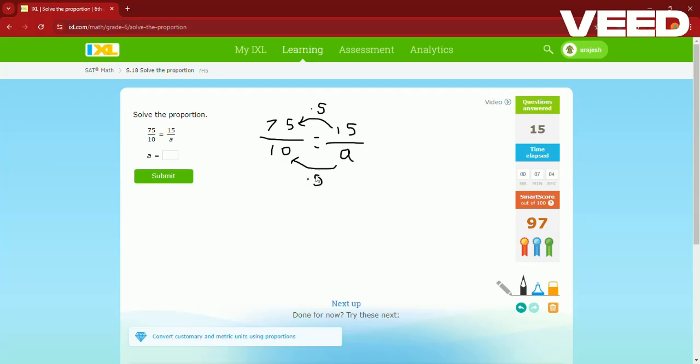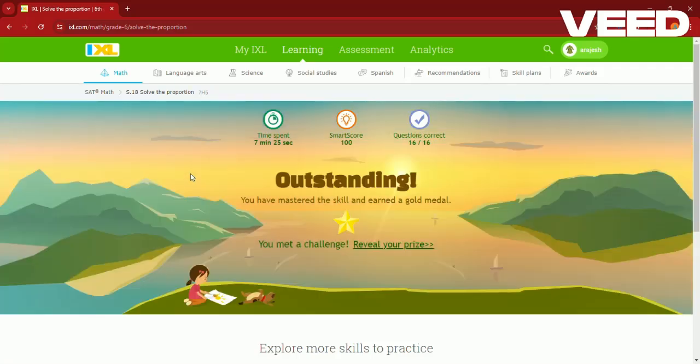If we know that 1 times 5 equals 5, then we know that A is equal to 2, because 5 times 2 is 5 plus 5, and that, my friends, is equal to 10. So I'm going to go with what we have. A is equal to 2. Let's do this. Yeehaw! Bueno, it worked!